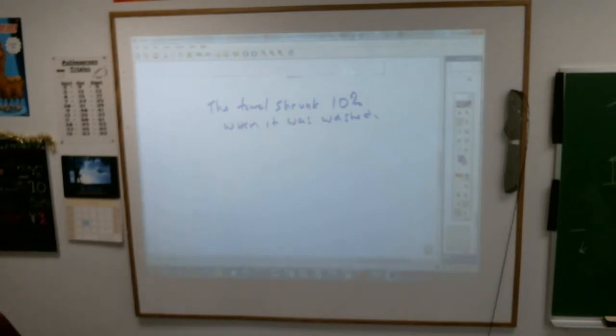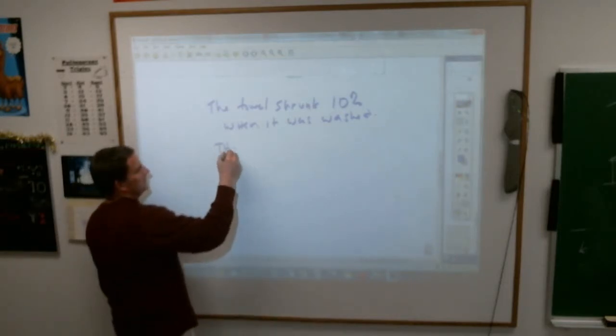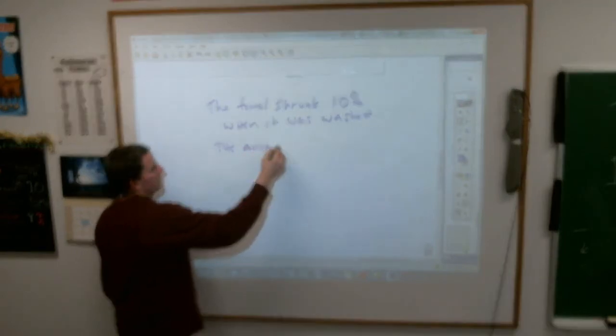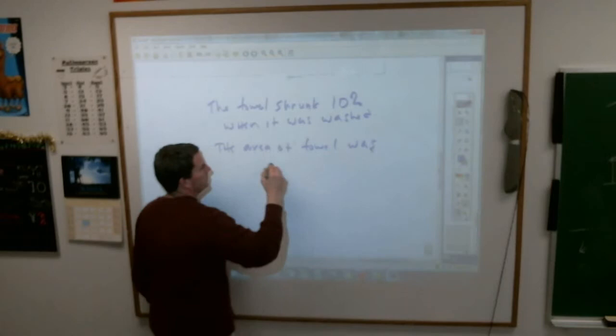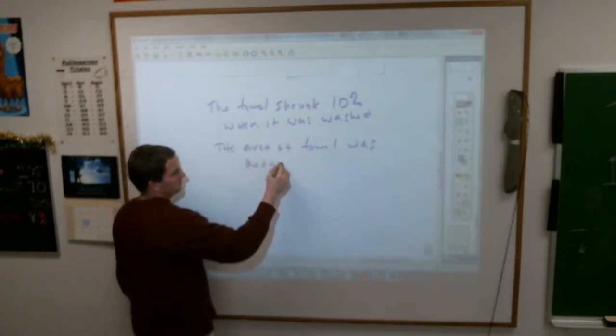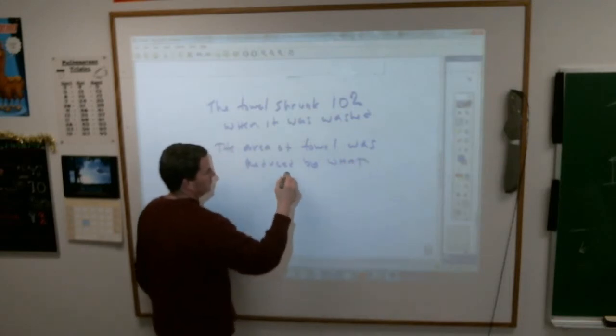The towel shrunk 10% when it was washed. The area of the towel was reduced by what percent? This one gets tougher still.